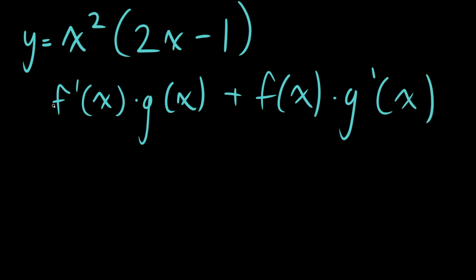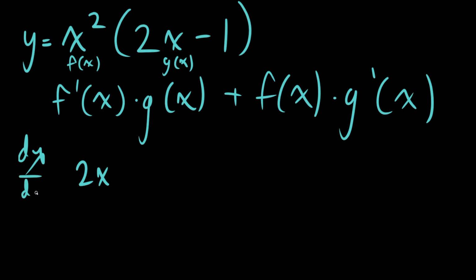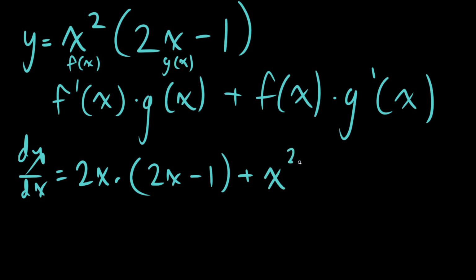So the function here and the function here. The derivative of x squared is just 2x. 2x multiplied by the entirety of the g function, added to the f function multiplied by the derivative of the g function.